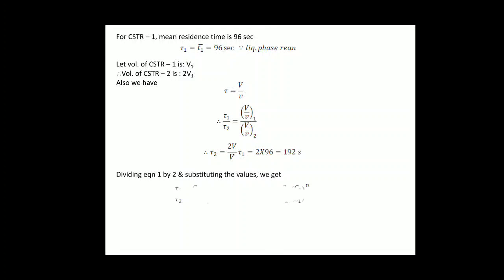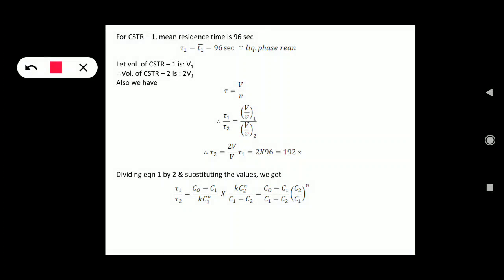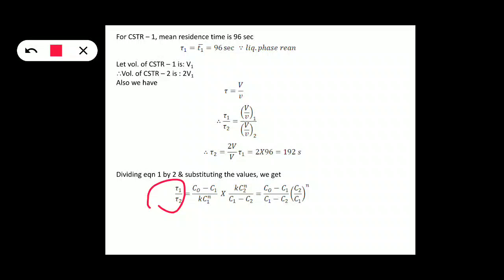So if we substitute in the equation, you will get this. Here you can see what we have done. We have taken the ratio of equation 1 to equation 2. So tau 1 by tau 2 is equal to C0 minus C1 upon K C1 raised to n, this is equation 1, and K C2 raised to n upon C1 minus C2, that is equation number 2.